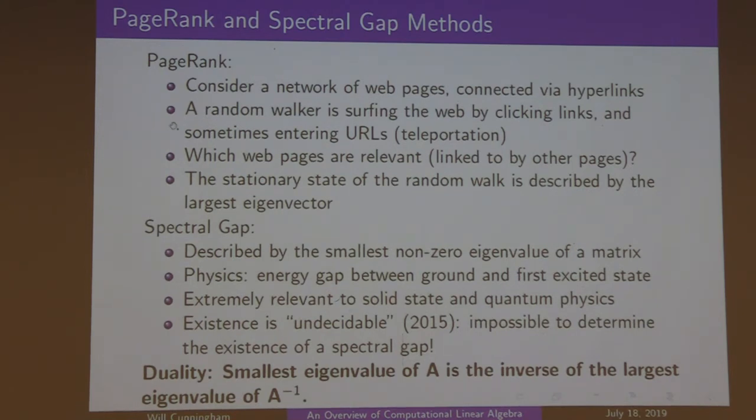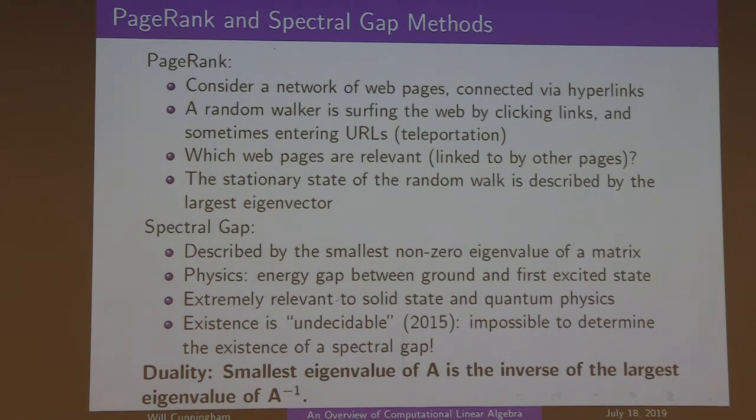So the physics problem that it corresponds to is a random walker surfing the web, clicking links, and sometimes entering URLs. So some fraction of the time you're just clicking links, going around, and then you can sort of teleport or do a long jump by entering a URL and ending up somewhere else. So it's a random walk problem. And what you're interested in is the stationary state of the random walk.